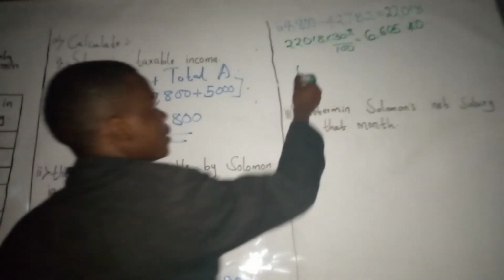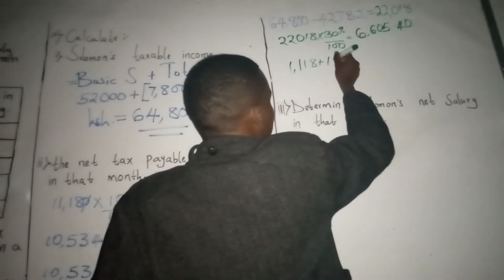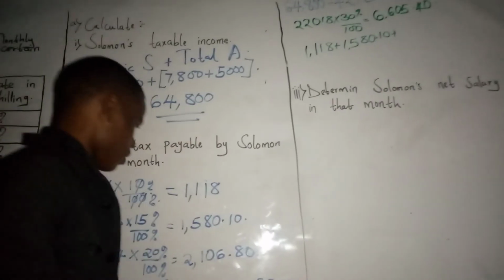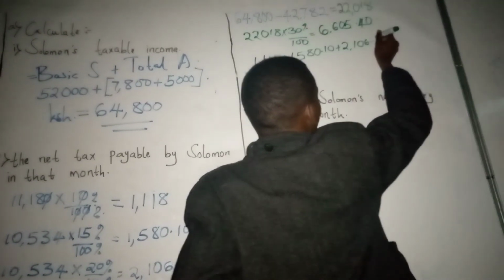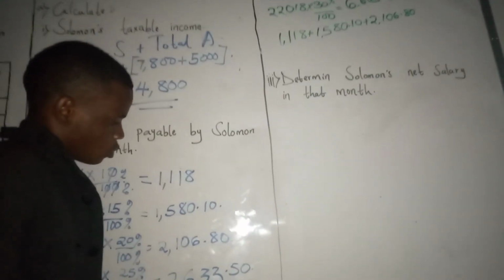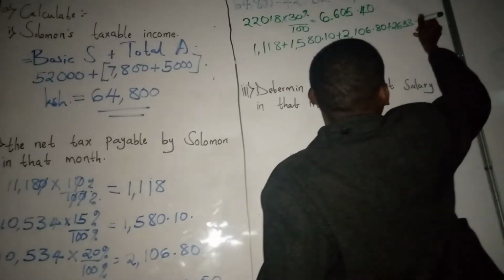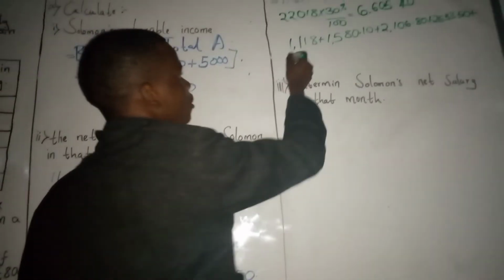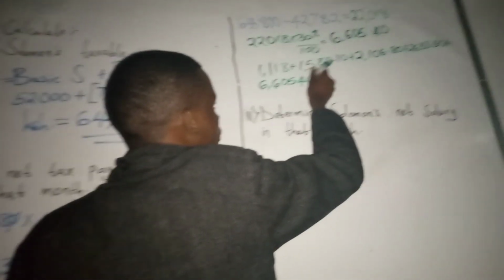So we are going to take 1,118 and add with 1,580.10, then plus 2,106.80, then plus 2,633.50, then plus 6,605.40.